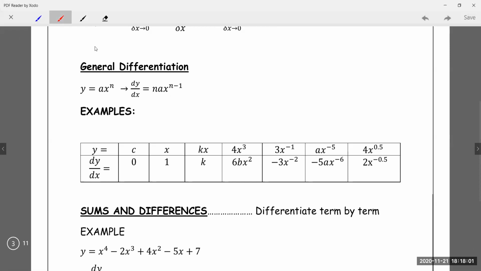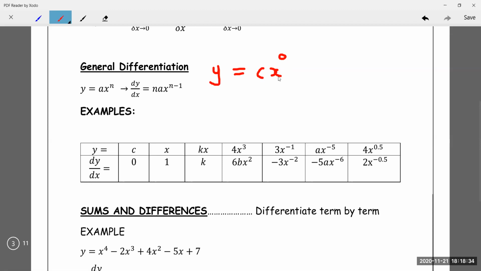So, for example, y equals c. If y is equal to c, that's just a constant. A constant is really c times x to the 0. What is x to the 0? Anything to the 0 power is 1.